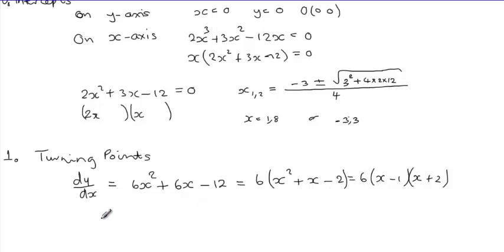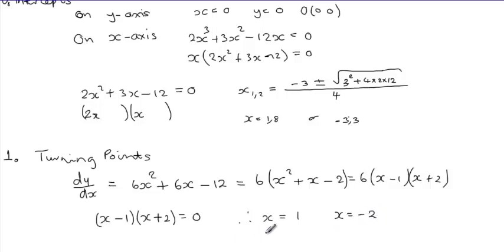That just says to us x minus 1 multiplied by x plus 2 is equal to 0, because 6 will never equal 0, isn't it? So those are the only two factors that can be equal to 0. Therefore, x equals 1, x equals minus 2.